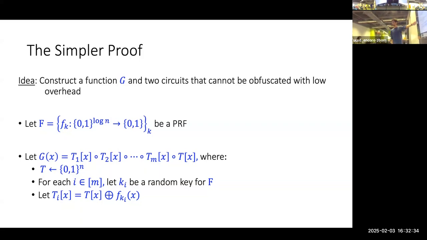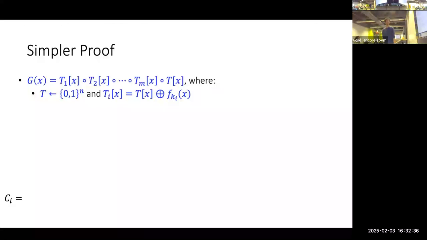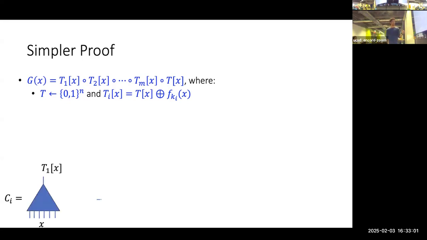And now we can construct circuits that compute this function. I'm going to define m circuits that compute this function, one for each index between 1 and n, where the circuit Ci is constructed as follows. First, for each function T1, T2 to Tn, I construct a separate circuit that computes it. This is just the trivial circuit of size m, the size of the truth table of the function.